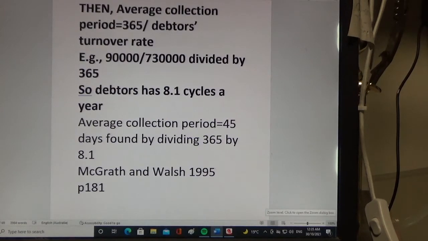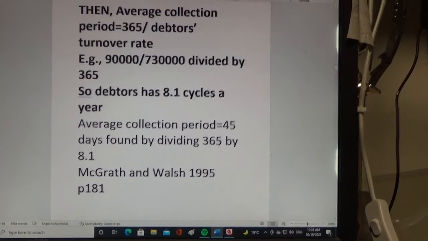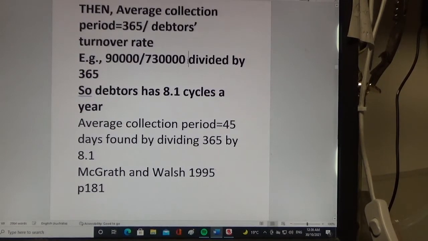So, sorry. First you've got to find the average. So now I know where I went wrong. You've got to divide 730,000 by 365. I have said that, but I haven't executed it.